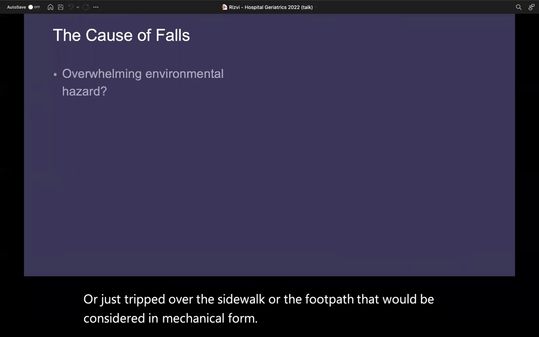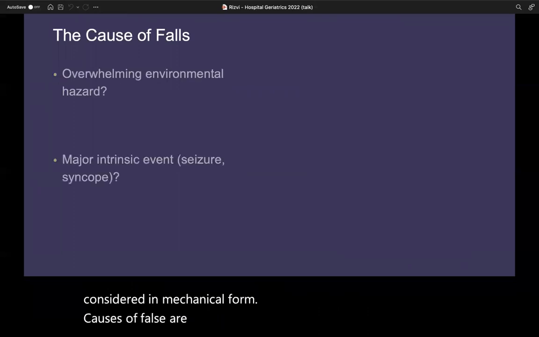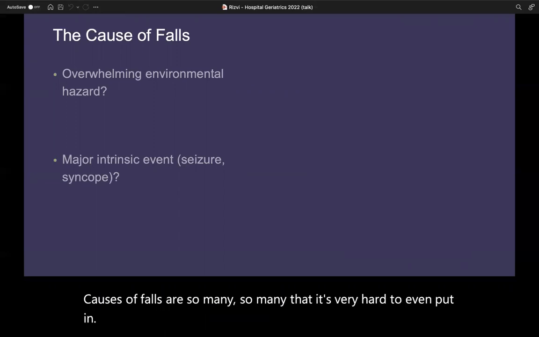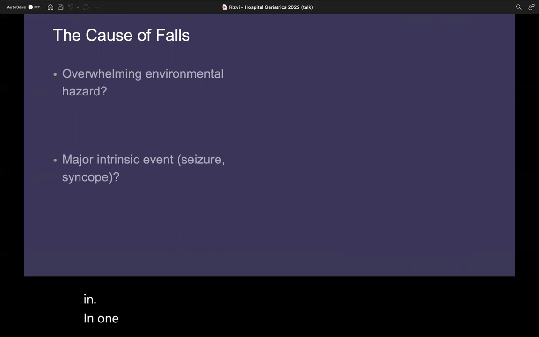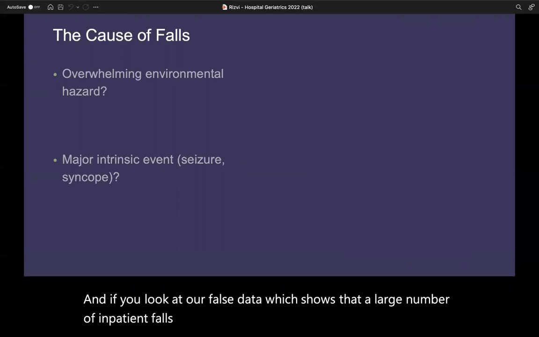Causes of falls are so many that it's very hard to even put in one slide. And if you look at our falls data, it shows that a large number of inpatient falls are associated with toileting, but generally it's not the toilet's fault.